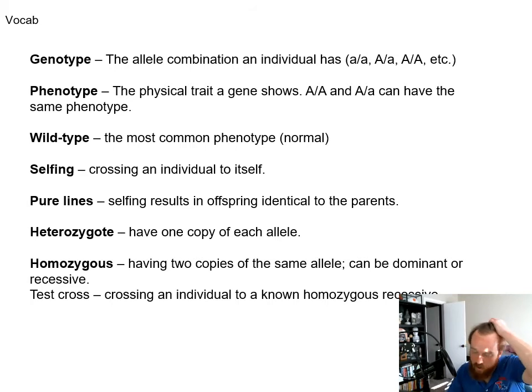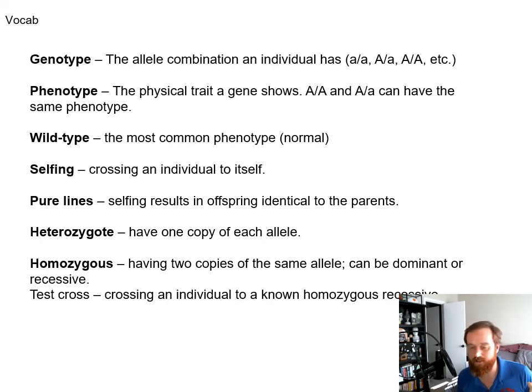Lastly, I'm going to put onto Canvas lists of vocab. These are good terms for you to know, specifically because they're going to help you read not only the textbook and understand the lectures, but also when you look at problems and things of that nature.